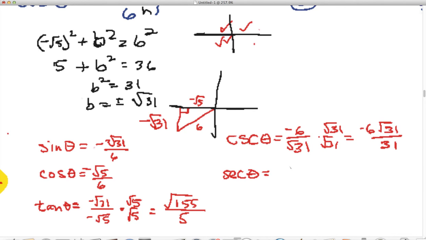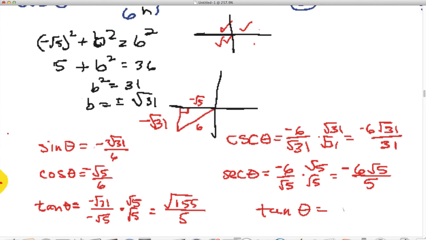So we have secant theta is going to be -6 over root 5, which then, after we rationalize, it's going to be -6 root 5 over 5, and then tangent, if I flip that one, remember the negatives canceled.